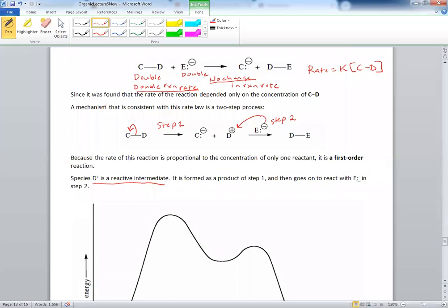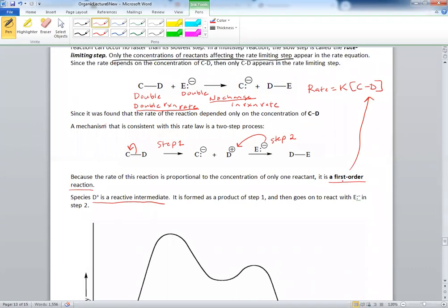So this is called a first order reaction because, again, it depended on the concentration of CD right here. First order, or unimolecular, means only one reactant is controlling the reaction rate. Second order means two reactants, like we did see in the last one.